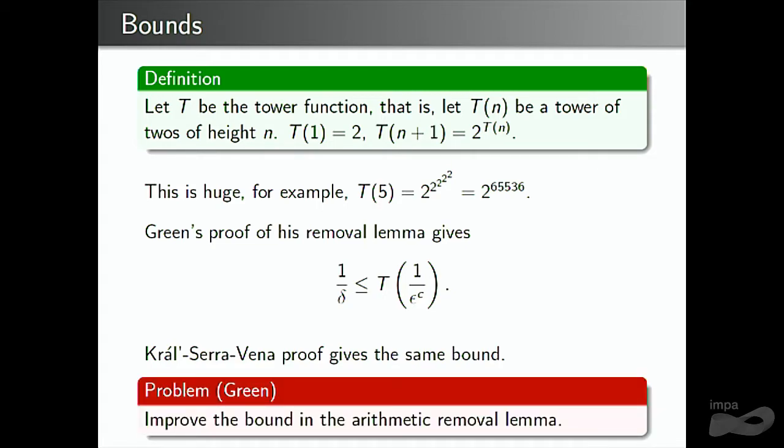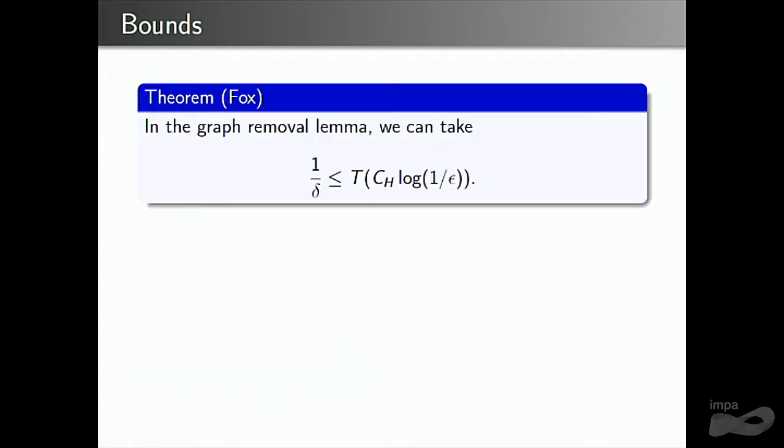So Green asked, can you improve the bounds in the arithmetic removal lemma? So a theorem due to Jacob Fox from about 2011, I think, is that in the graph removal lemma, he proves an upper bound, which is still a tower function, but the height of the tower is logarithmic in 1 over epsilon.